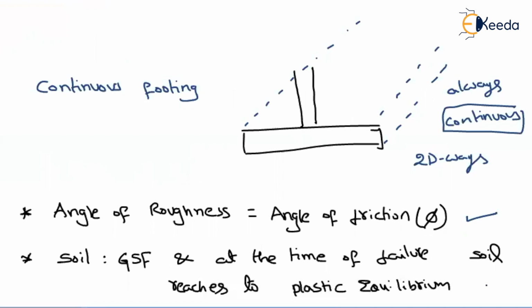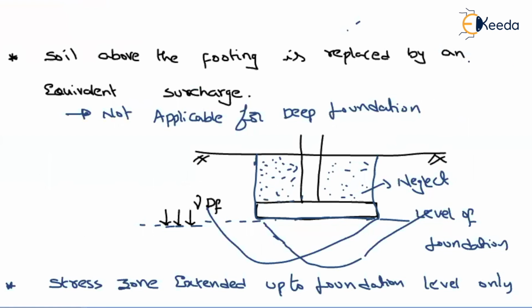The foundation will fail due to general shear failure, and he has also assumed that the soil reaches plastic equilibrium. The backfill on the footing is neglected and replaced by an equivalent surcharge having magnitude gamma into Df.